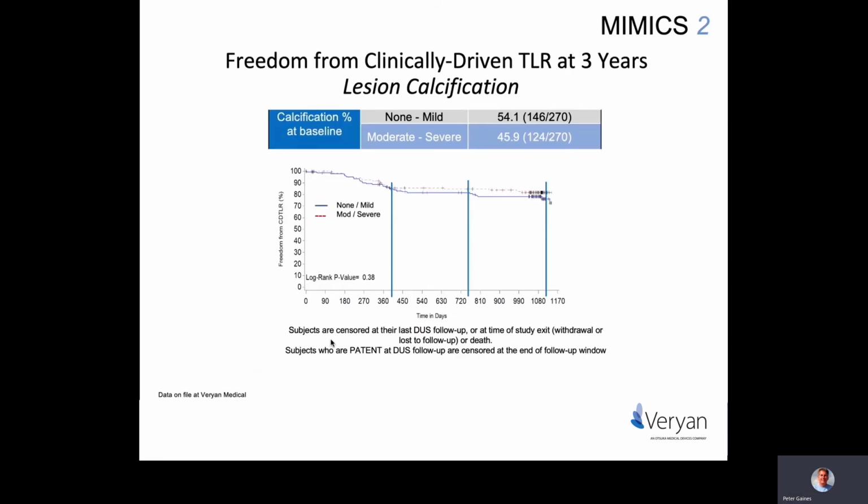To delve deeper into what might affect clinically driven TLR, lesion calcification was stratified between non-mild and moderate and severe. And interestingly, increasing calcification did not affect the outcome out to 3 years.